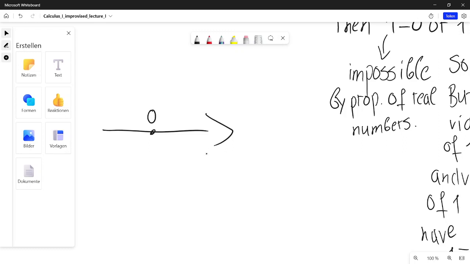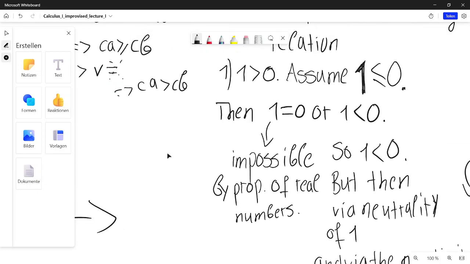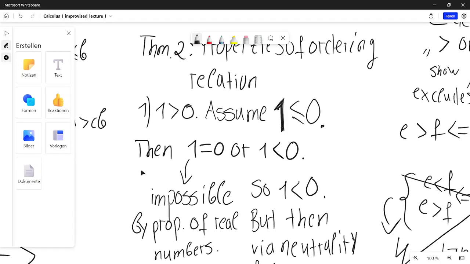Why not take any other number a and just say, oh, here are the a positive numbers, here are the a negative numbers. Why exactly 0? Because for 0, we were able to establish some other relationships, namely this one. This is the reason why 0 is the dividing point.